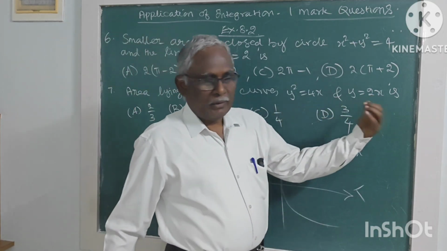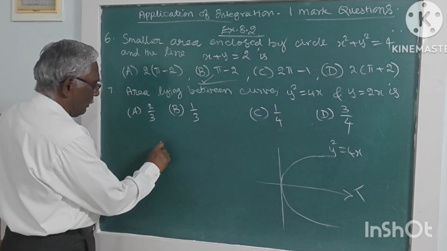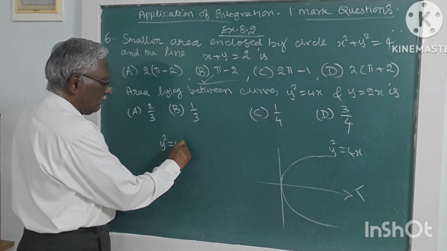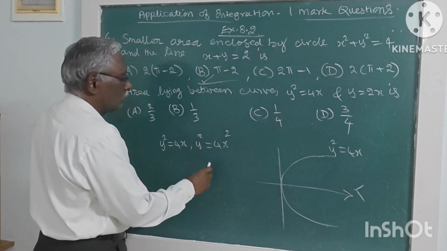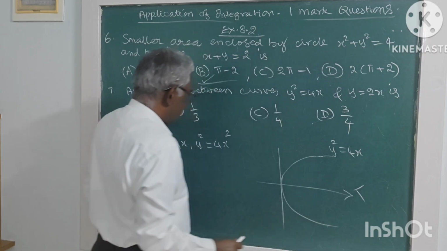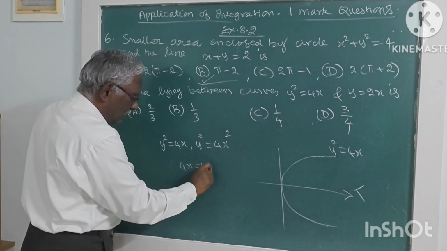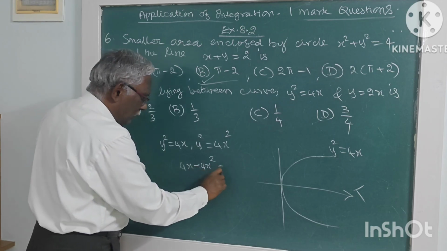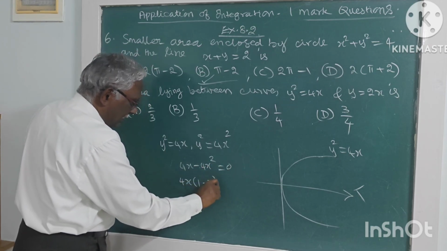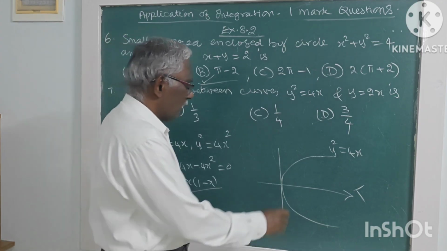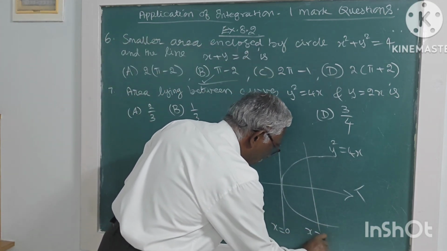Anyhow, we have to solve these two equations to see where the line intersects the parabola. y square is 4x and y square is 4x square, so 4x minus 4x square is equal to 0. So 4x into 1 minus x. So they intersect at x is 0 and x is 1.